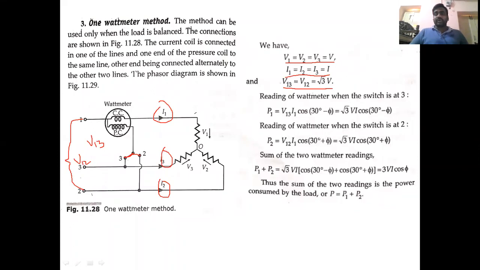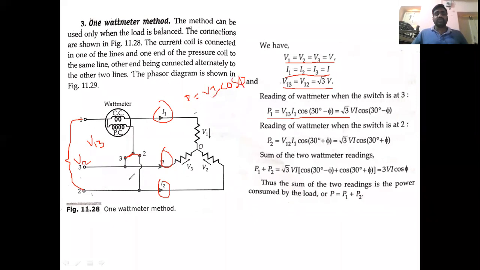If we observe the readings of the wattmeter individually, when it is connected at switch stud 3, P1 is equal to V13 into I1. We know the power expression P is equal to VI cos phi.